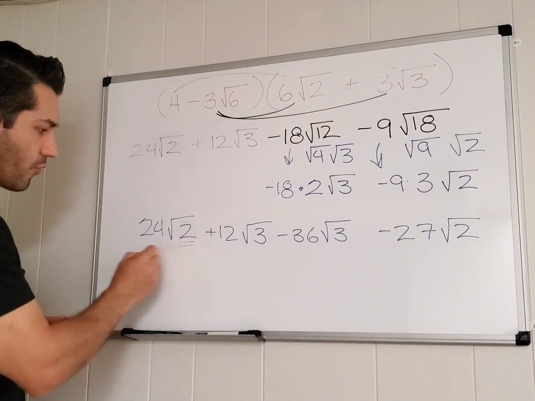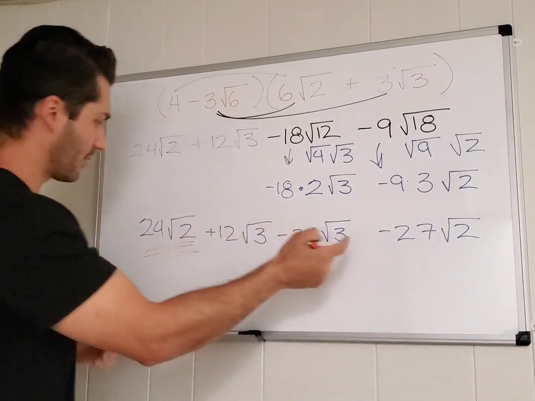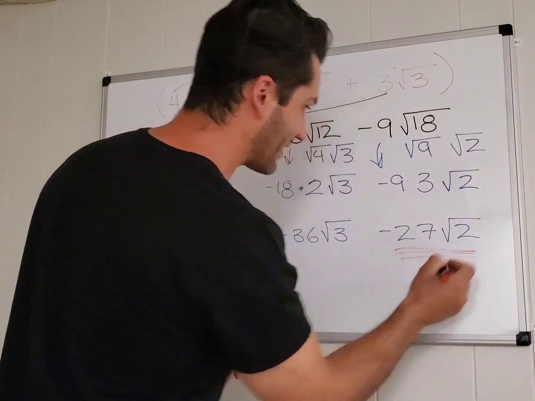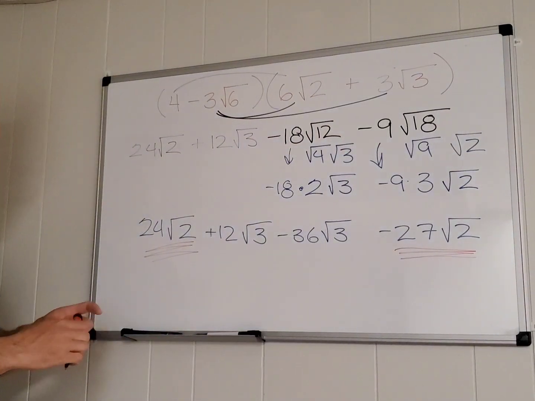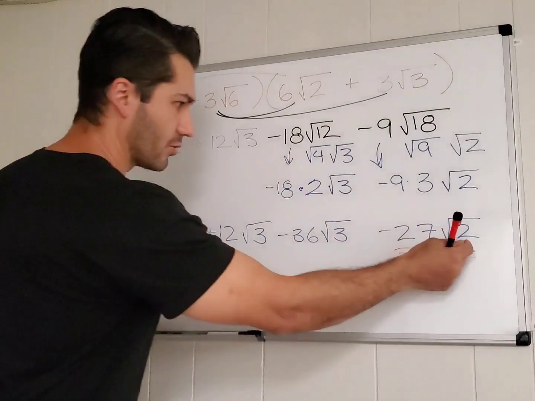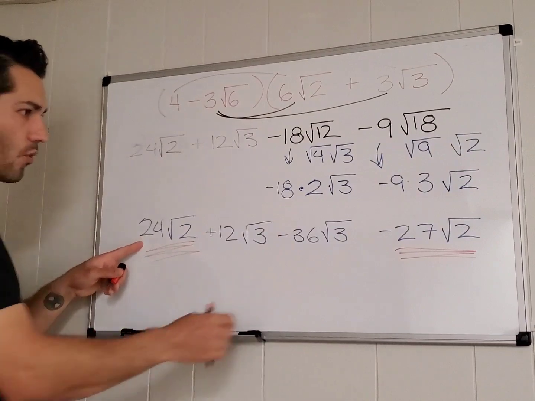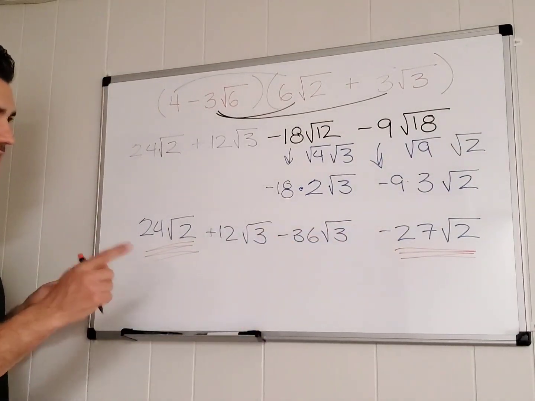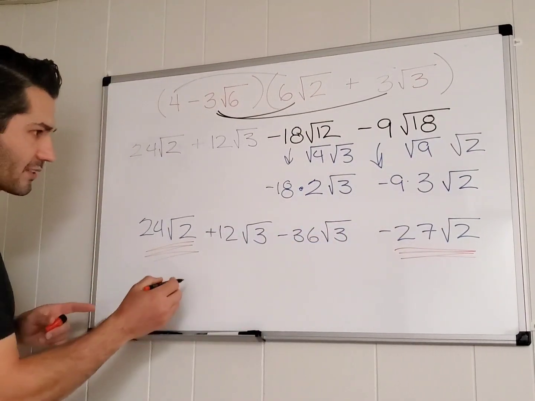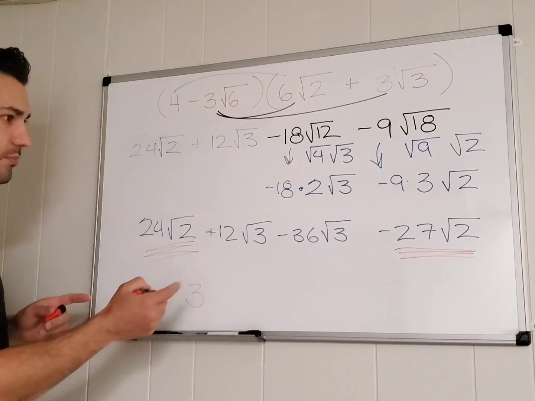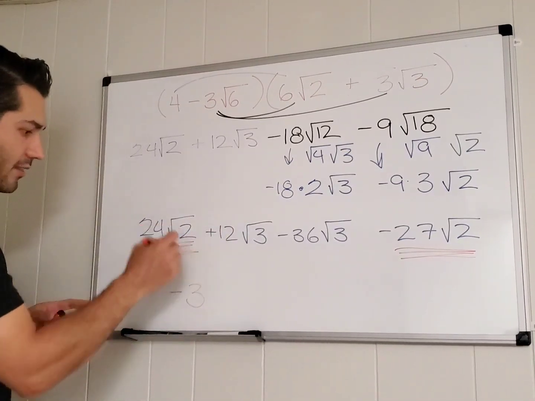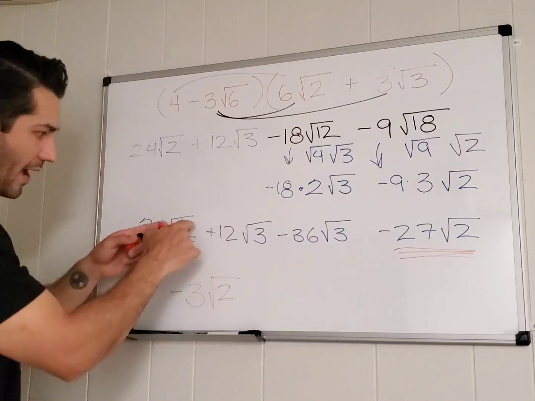Like terms, 24 radical 2 can be combined with that negative 27 radical 2. Remember, like terms, radical 2, those are the ones I can combine. 24 minus 27, different signs, subtract, and keep the more dominant sign, negative. The radical is going to stay the same.